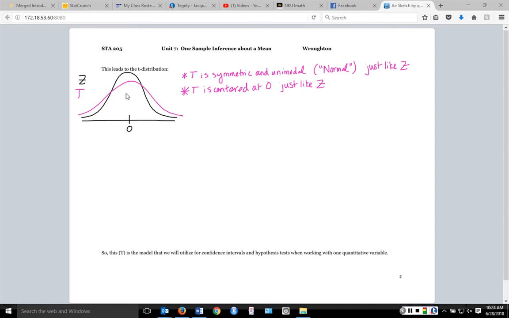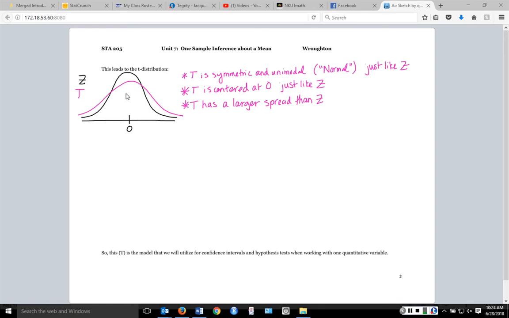So how is T different? T will have a larger spread than Z does.